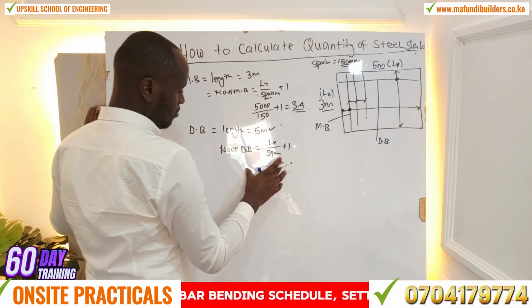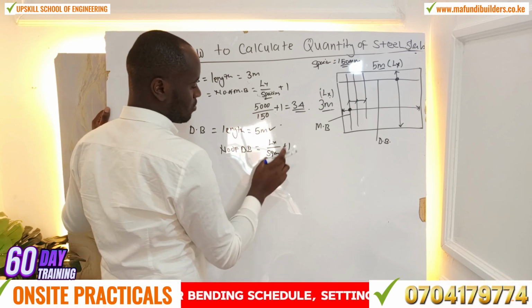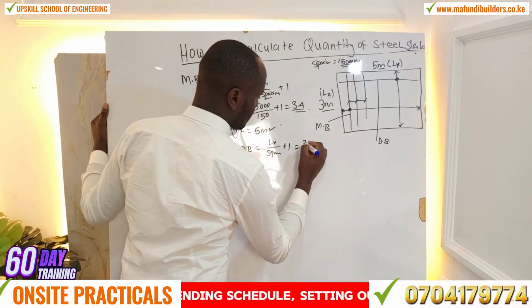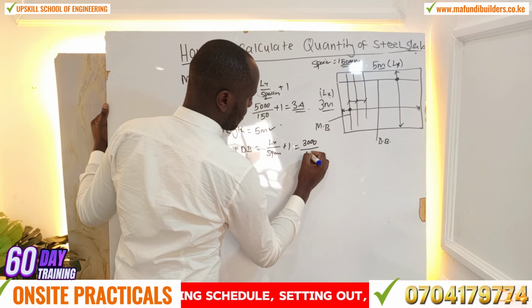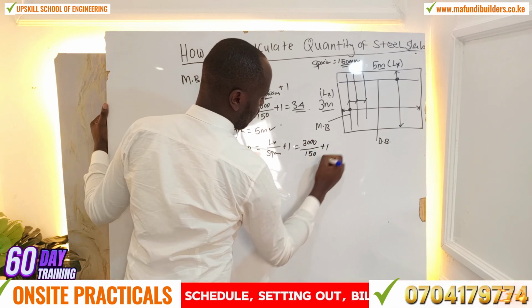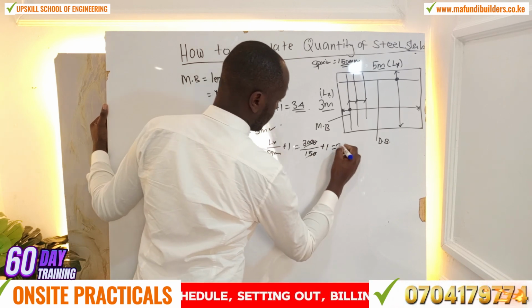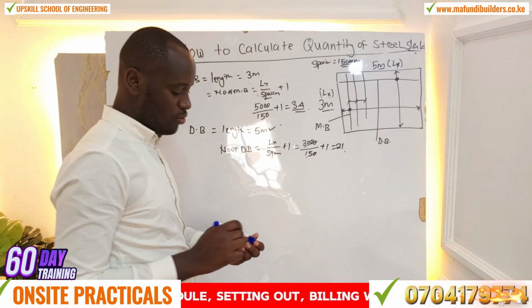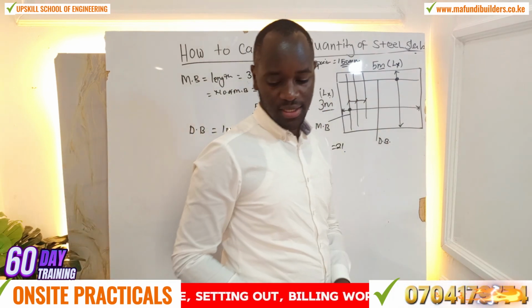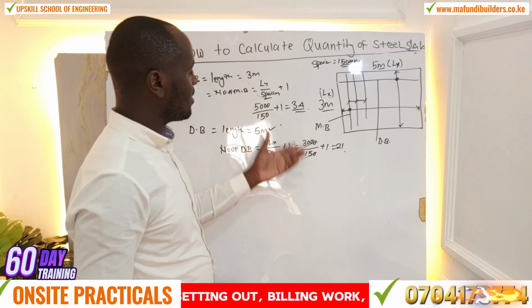So here we say 3,000 divided by 150 plus 1. If you divide this, we get 21. That's how you know the number of bars for both the distribution and the main bars.